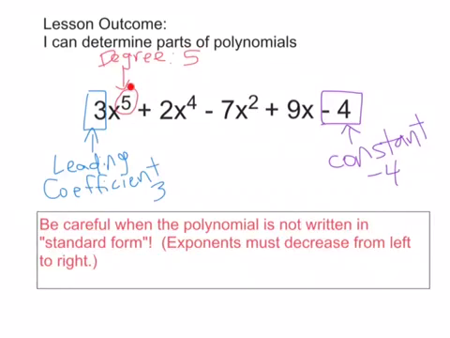So you'll see the 5 here, the 4 here. We don't have one with a 3 in this example, and that's fine. We have a 2 here, x to the second. We have a 1, x to the first power. And this is technically x to the 0 power, as we've talked about the 0 power. And so therefore, our exponents do decrease from left to right, which means it's in standard form.